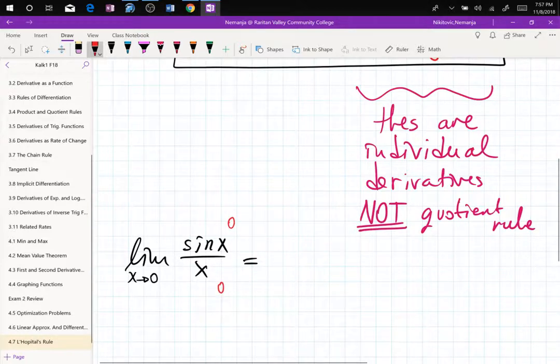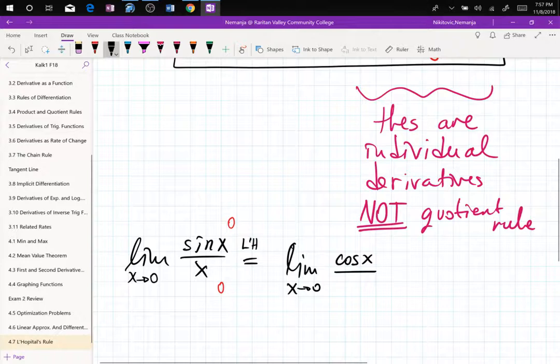I generally put it in a different color to indicate that I plugged in 0 and it worked out to be 0 over 0. That allows me to use L'Hopital's rule, so you would put this L apostrophe H above the equal sign. And then limit x goes to 0. The derivative of sine x is cosine x, and the derivative of x is 1.